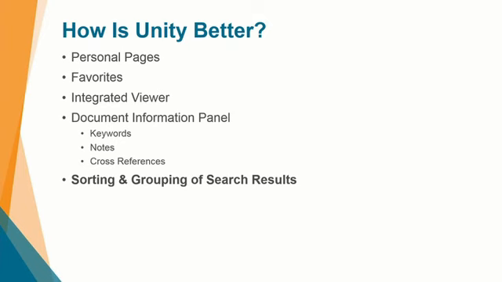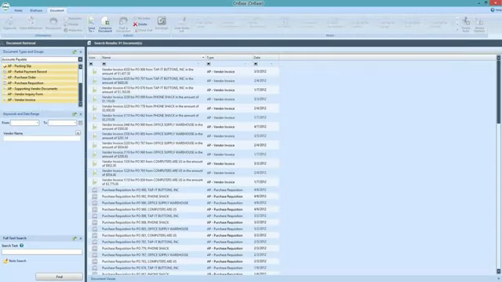Within the Unity client, we now have greater capabilities to group and sort our search results. A lot of the complaints that we've always had within the thick client is, great, I get my hit list back, but I really have no capability of doing anything with that information. In the world of Unity, notice I have different column headings, and just like anything else within Microsoft Excel, if I double-click right on the gap between them, it's going to size that accordingly.